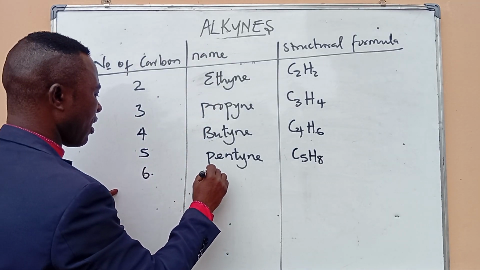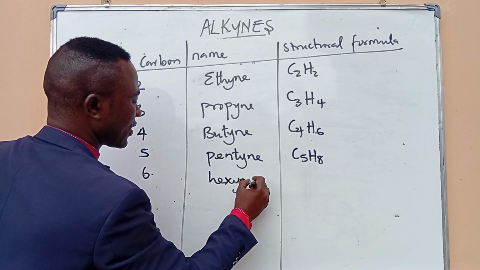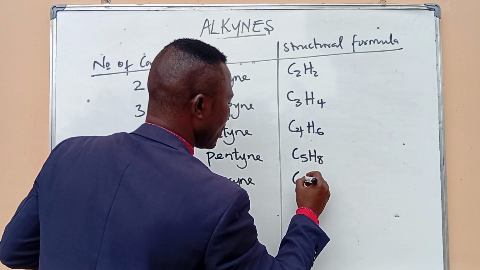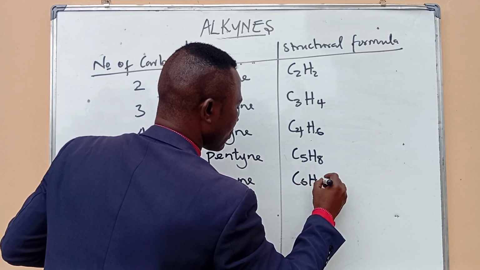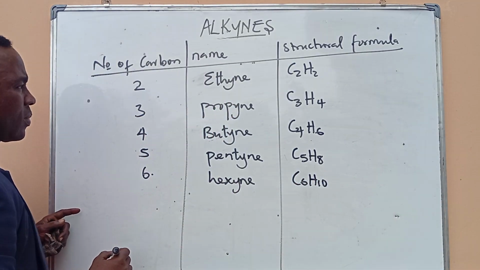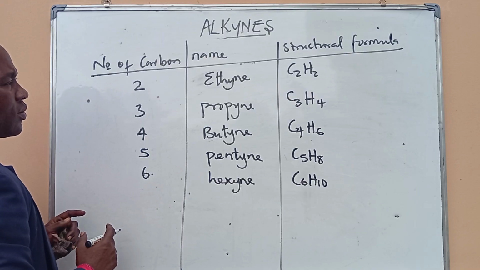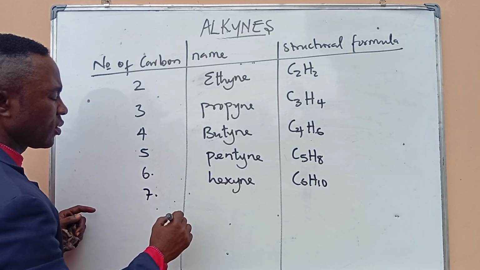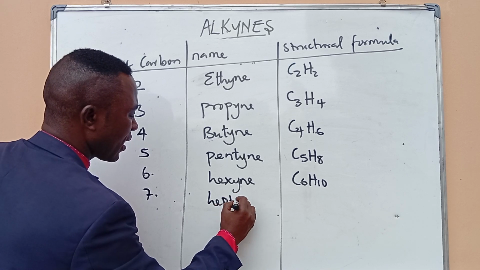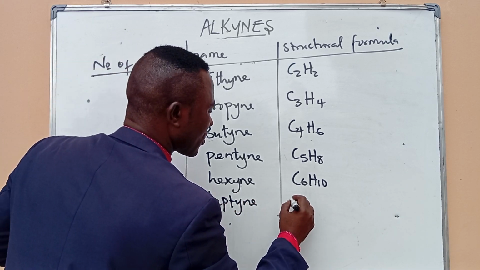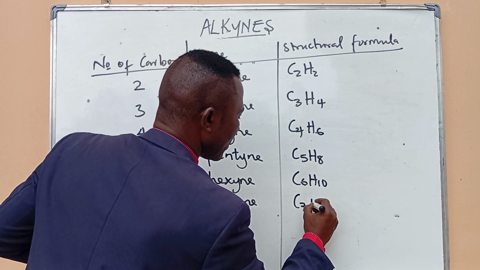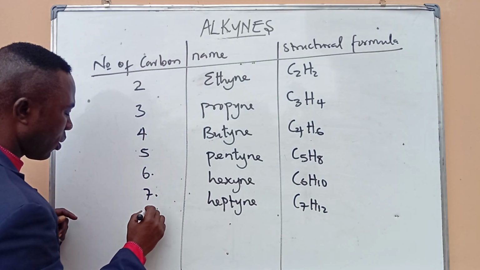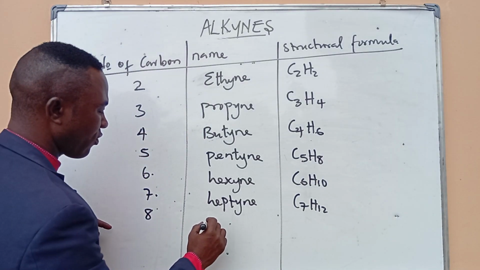Number 6 is hexyne, which is C6H10. Then number 7 is heptyne, which is C7H12.